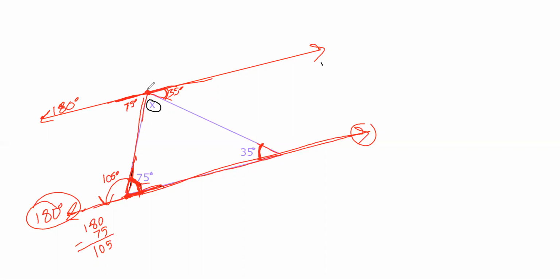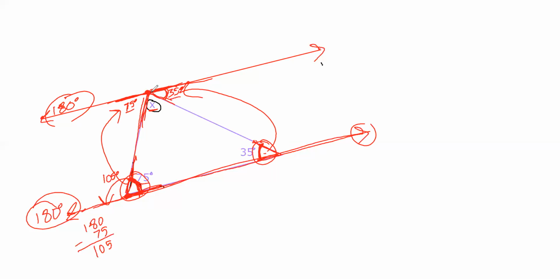Here's my center point, and I have three angles. I've taken my straight line, 180 degrees, and divided it up into three angles: 75, 35, and my x, my missing variable. In fact, if you had this on a piece of paper and cut these angles out, you would be able to place this angle exactly right there, and this angle exactly right there.